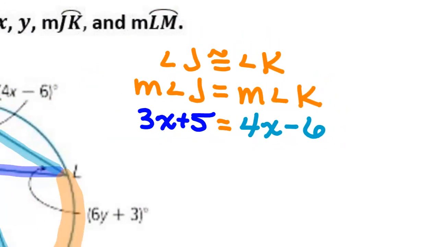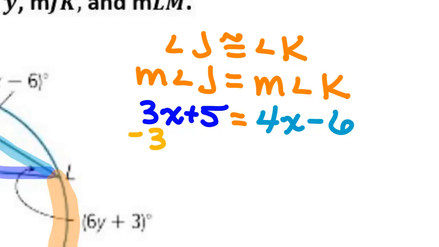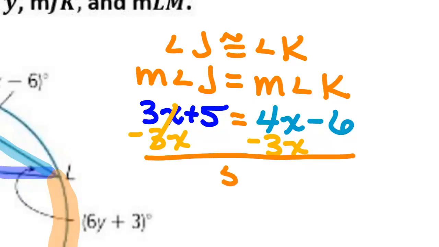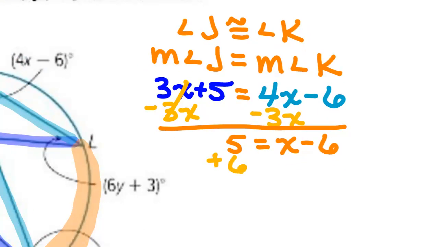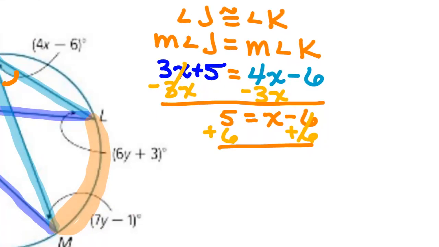And now we're going to solve this for x. So I'm going to minus 3x from both sides. That gives me 5 equals x minus 6. And then I add 6 to both sides. That gives me 11 equals x.